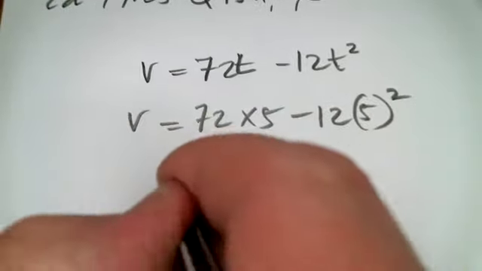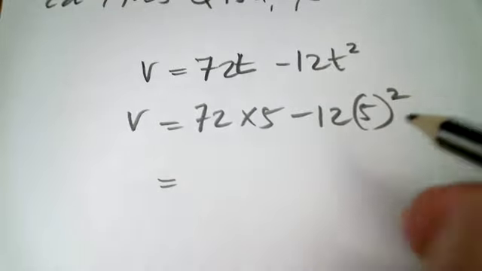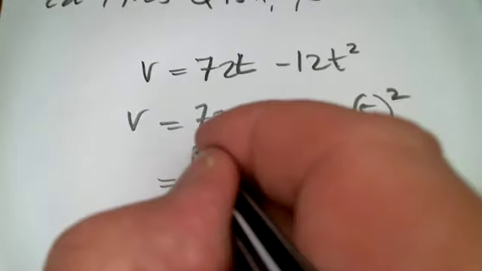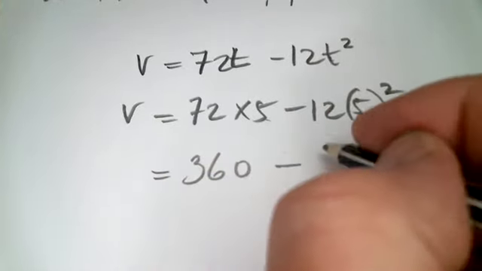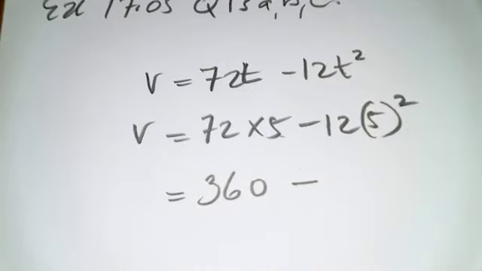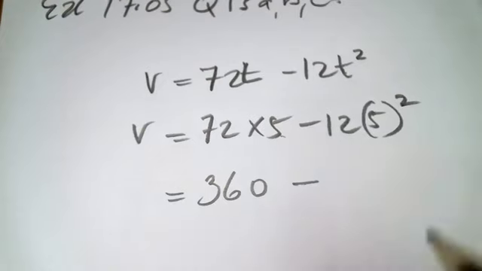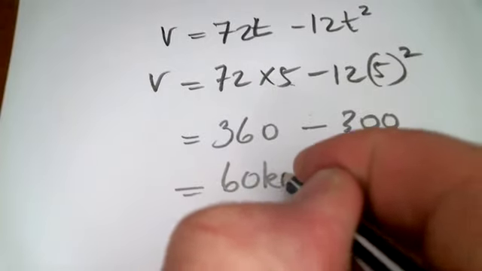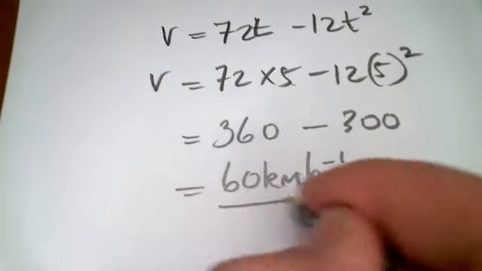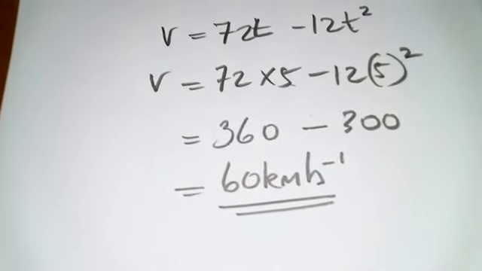All right, so 5 5s are 25. 72 5s, it's going to be 360, minus 5 squared is 25, and 12 times 25, I'm just going to cheat a little bit, is going to be equal to 300. So 360 minus 300 is going to equal 60 kilometers per hour. And that is the first part, so that's A.